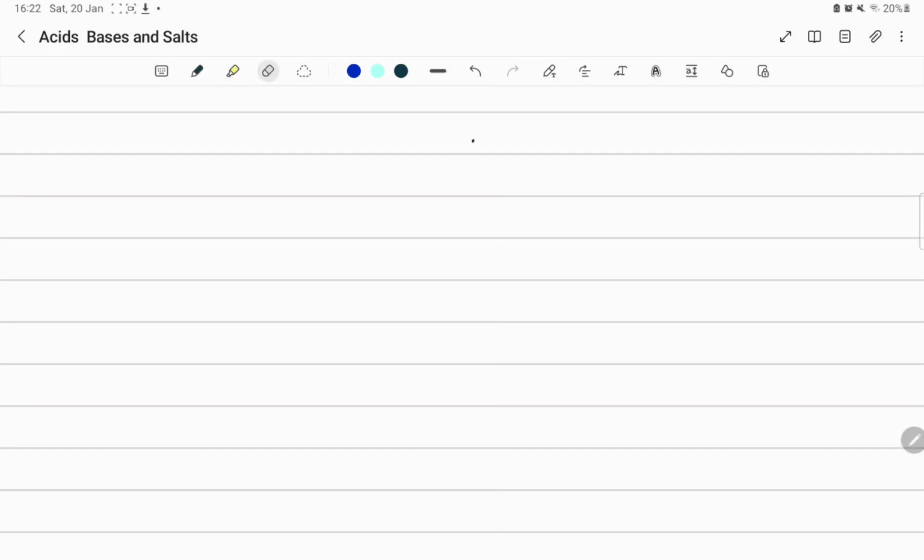Okay, so today we're going to start with acids, bases, and salts. So let's get started. First of all, what is an acid and what is a base? An acid is essentially a substance whose aqueous solution contains an excess of H plus ions.